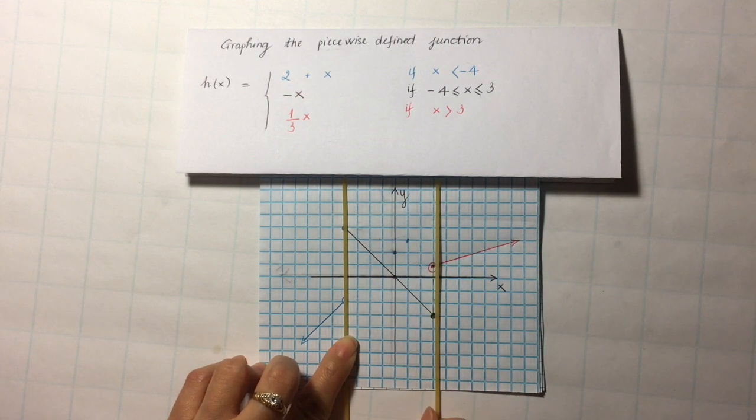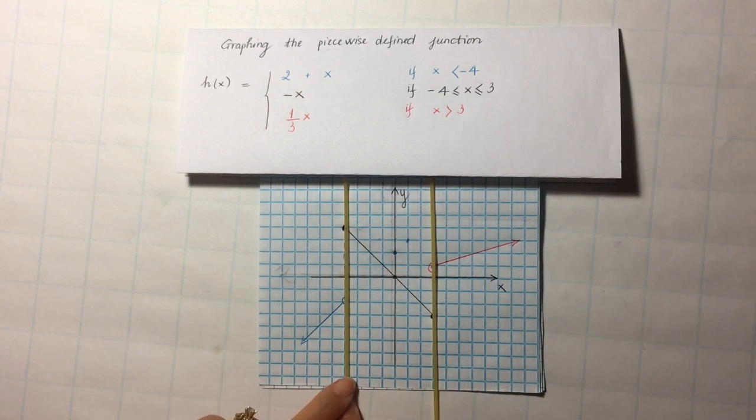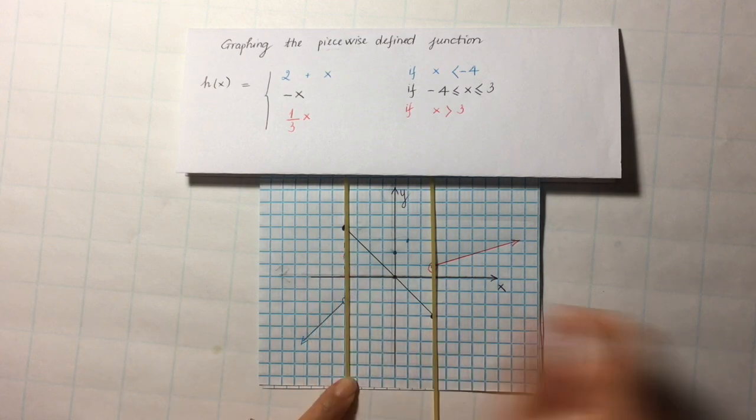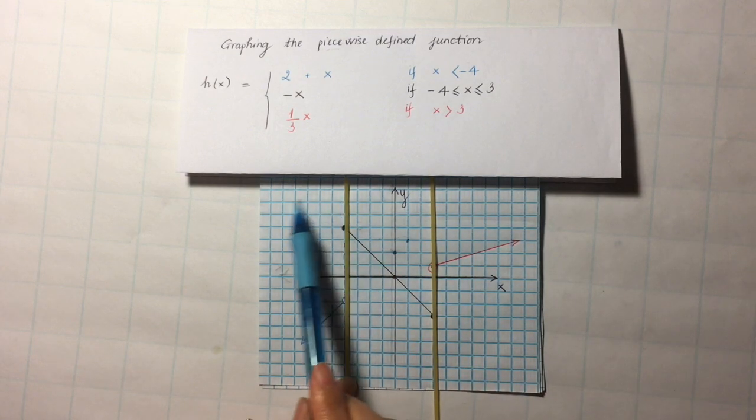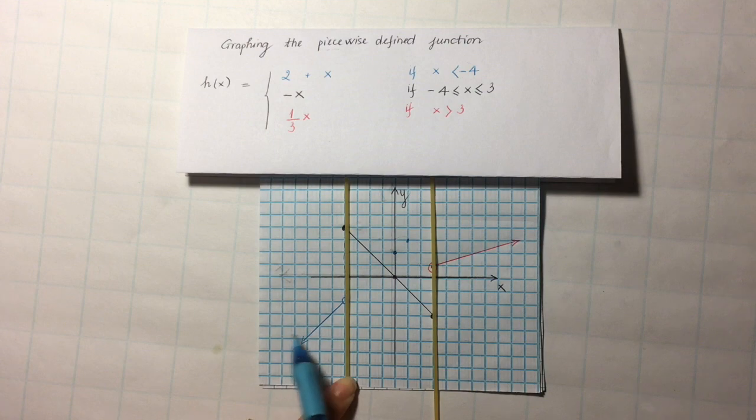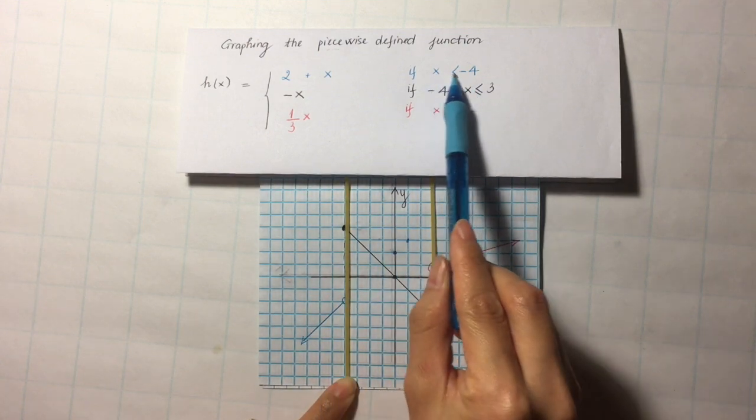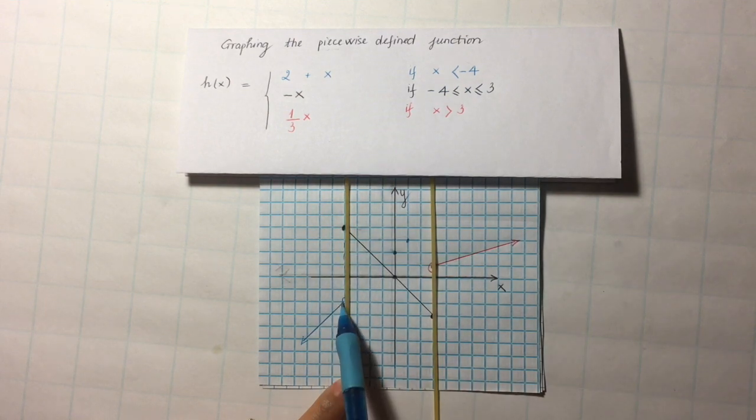Our graph is divided into 3 intervals. When x is less than -4, the blue graph is on the left.